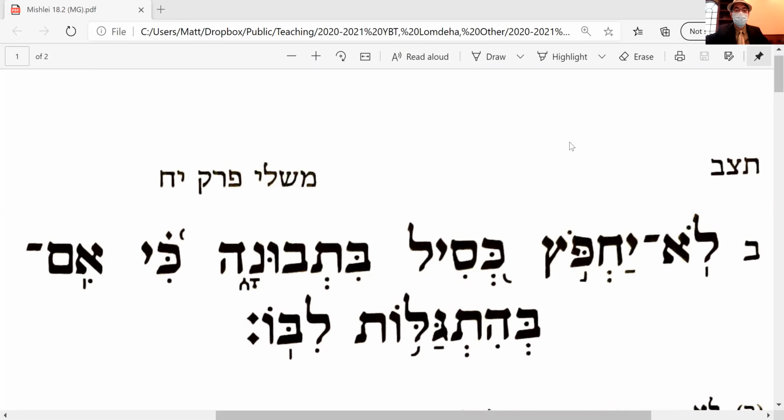So that's another yesod in Mishlei here, which is that, as I mentioned, Shlomo coined all these terms. There's no such thing as a pure ksil, someone who's 100% unadulterated ksil. And there's no such thing as a perfect chacham, or a perfect tzaddik. Shlomo works in archetypes, these idealized personalities of Mishlei, because from a teaching perspective, it's a lot easier to take an oversimplified paradigm and think about that.